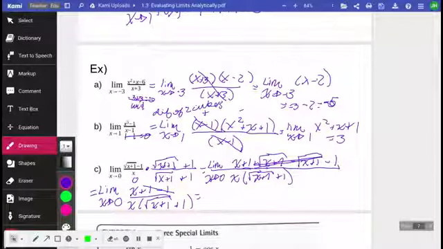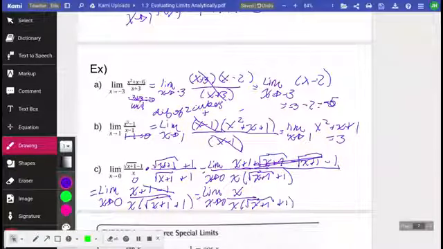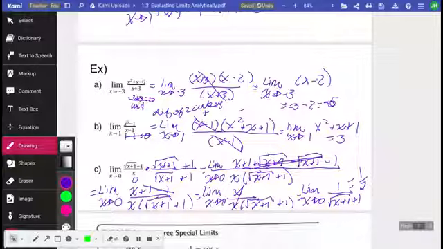I have an entire x in the top, and I have an entire x in the denominator. And so I am left with the limit as x approaches 0 of 1 over root x plus 1 plus 1. When I go plug in 0, I get 1/2.